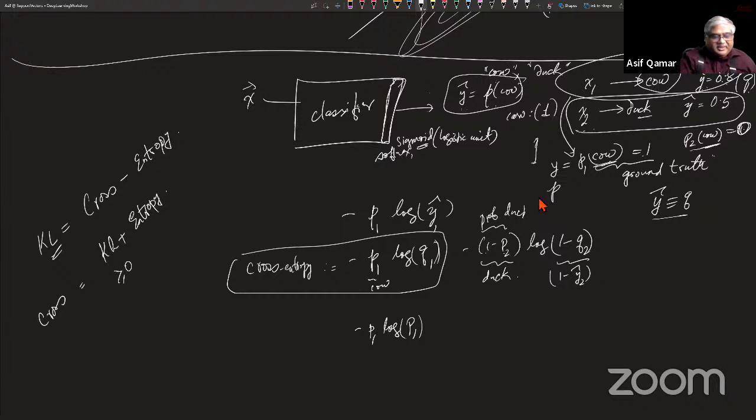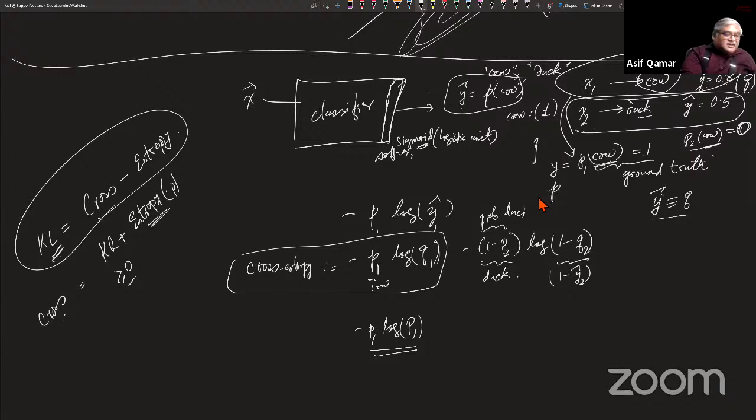It's a measure of how different they are. It's never negative. So what is the smallest value the cross entropy can have? It can have the value of entropy itself, the entropy of P. Do you see that? If you go back to the definition of KL divergence, it is this. So the point is that the cross entropy is always more than the entropy.